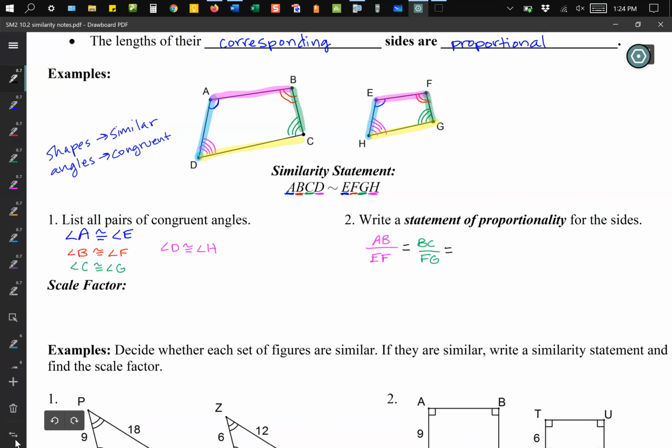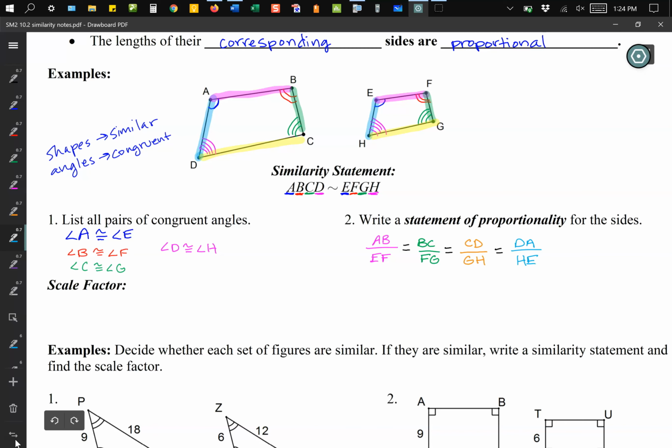No, I don't want to write in yellow. Let's do orange instead. As side CD over side GH. And that should give me the same thing as side DA over side HE.